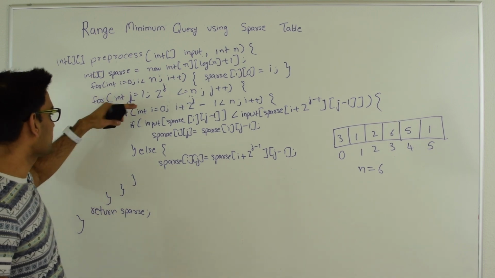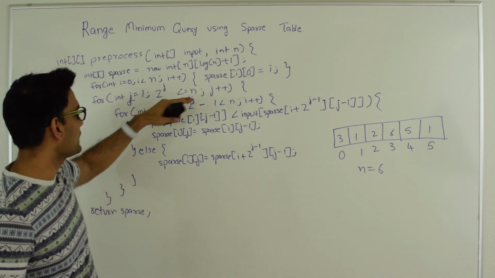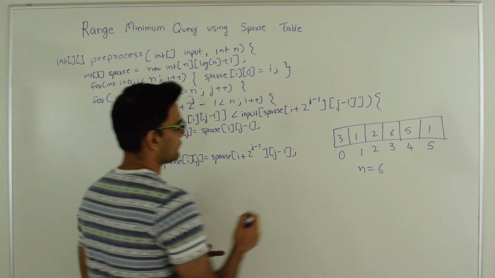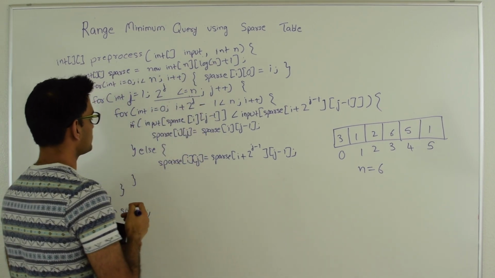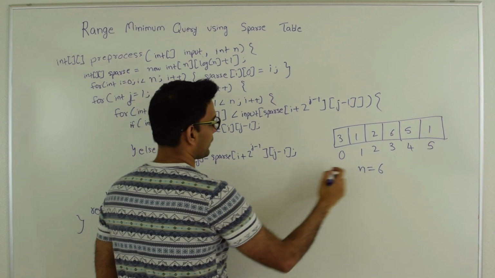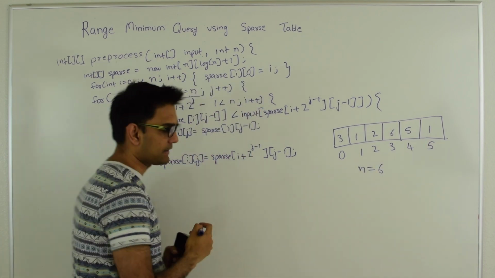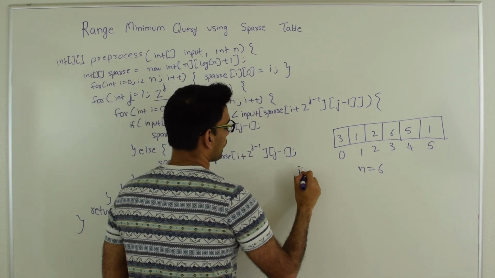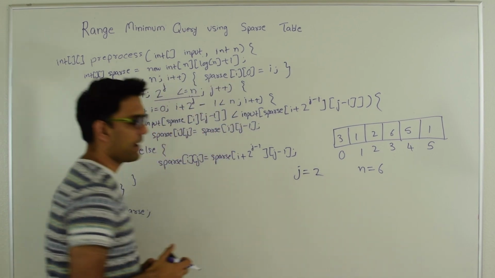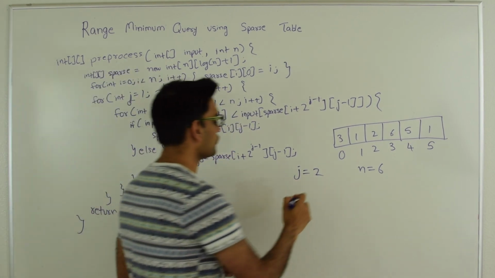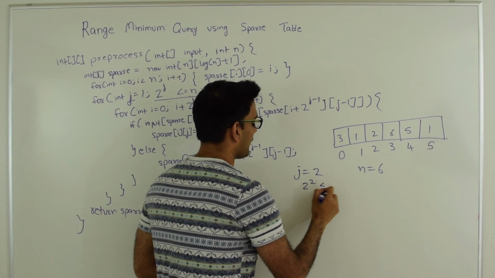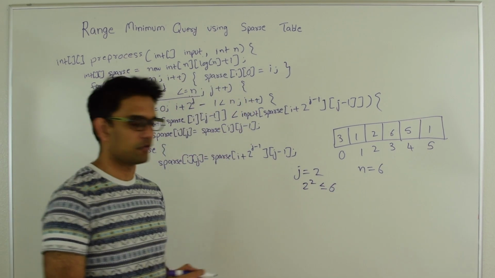Then our j starts from 1 till 2 raised to j is less than equal to n. So what this condition here means is that if n is 6, in this case we would want our j to go at max 2, because 2 raised to 2 is 4 and that's less than equal to 6, so that's good.